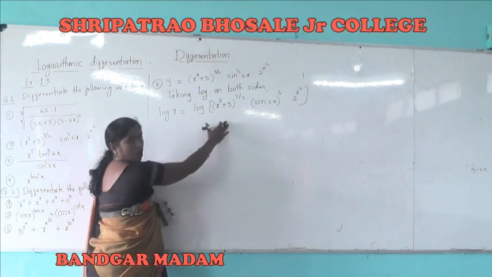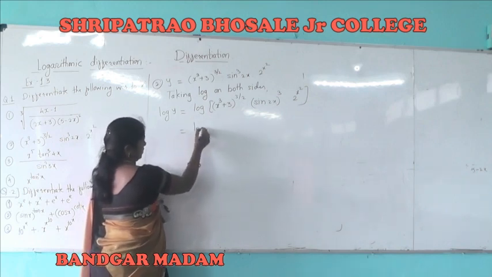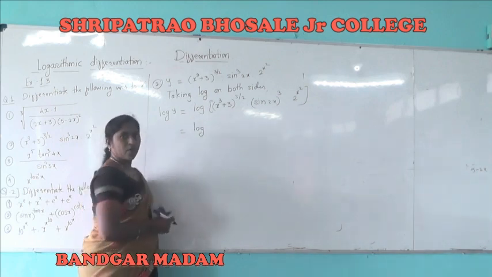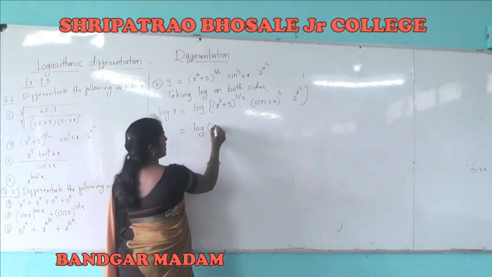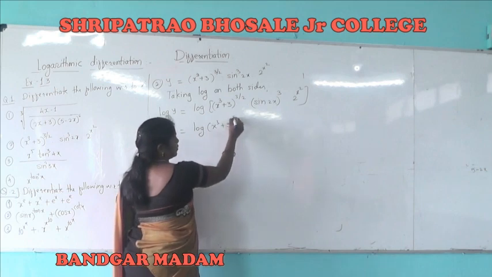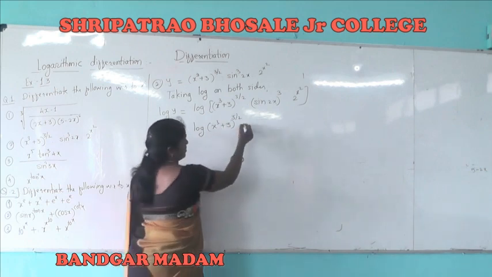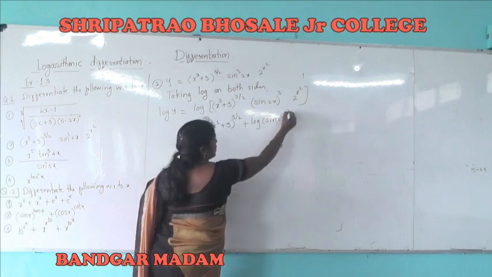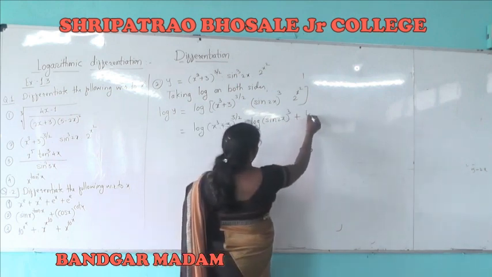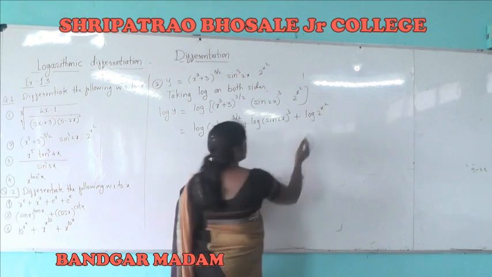Now, distributing log over here, we get, if there is a product of a number of functions, then we add logarithms. So log of x cube plus 3 raised to 3 by 2 plus log of sin 2x cube plus log of 2 raised to x square.